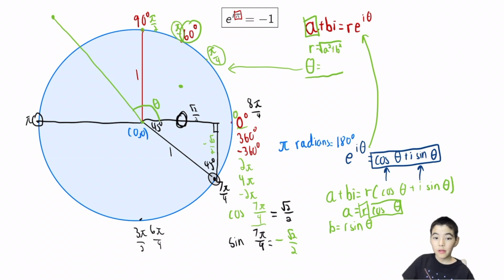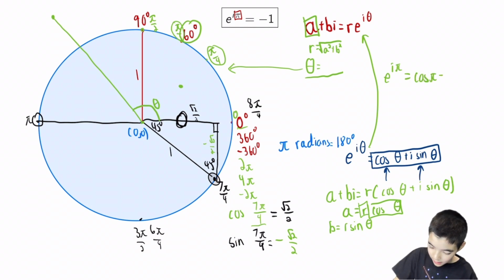Okay, now that we know that, let's try to see why e to the i pi is equal to -1. This is actually a direct application of Euler's formula. e to the i pi is equal to cosine of pi plus i sine of pi.